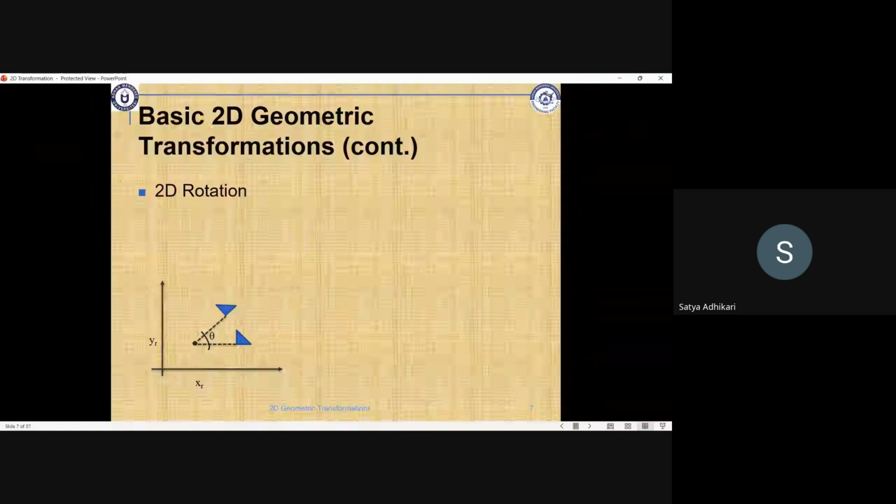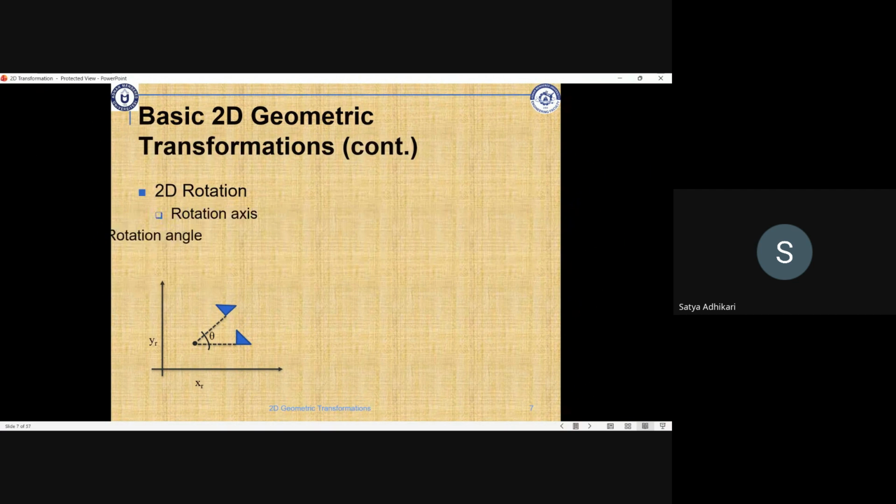Then, among the basic 2D geometric transformations, the second one is rotation. You can rotate an object from one position to another position by some degree, either clockwise or anti-clockwise.